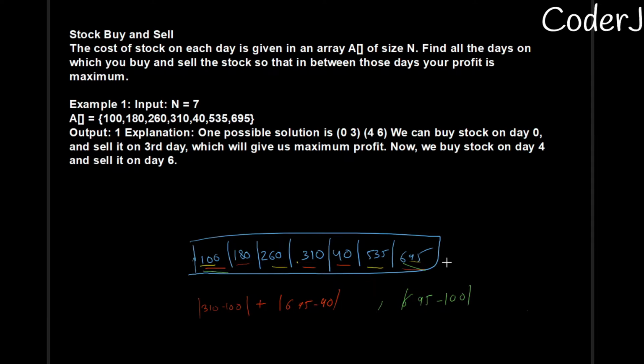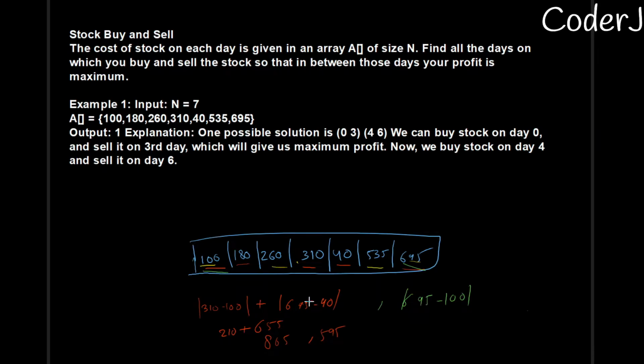So for now, I have just written down the two closest answers. This way we will have a profit of 210 plus 695 minus 40, that will be 865, and here his profit is 595.